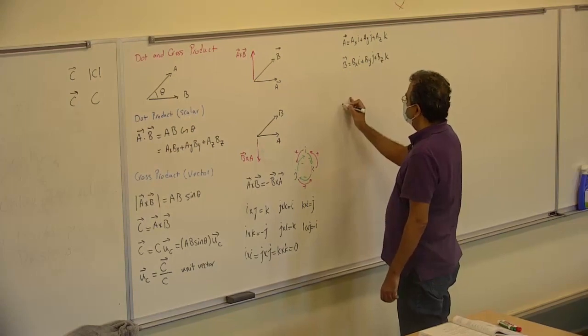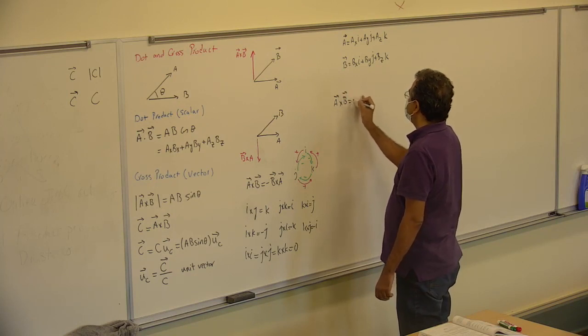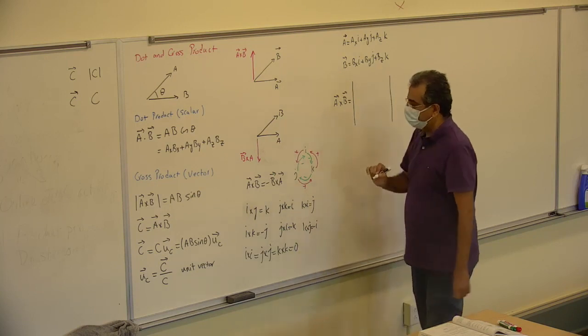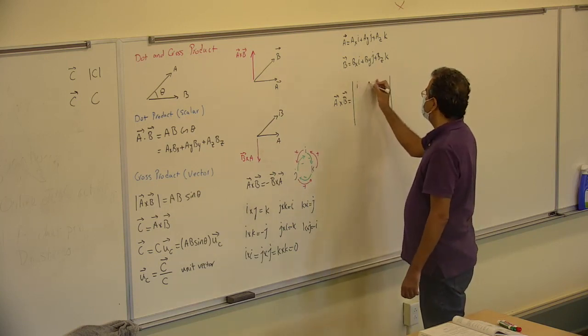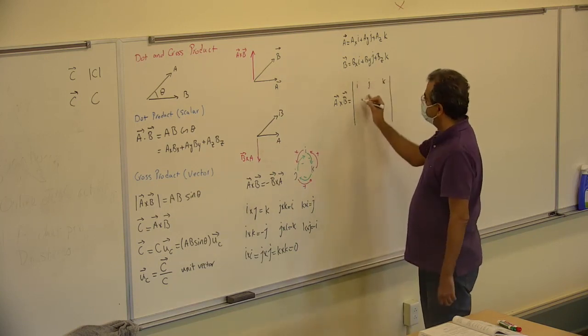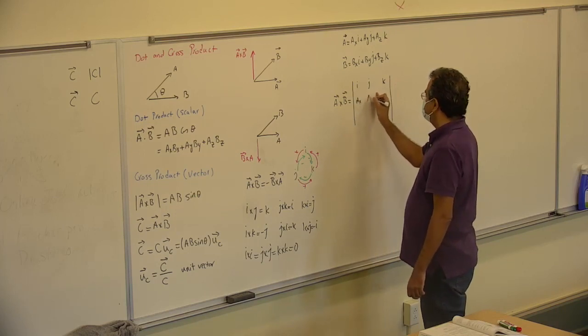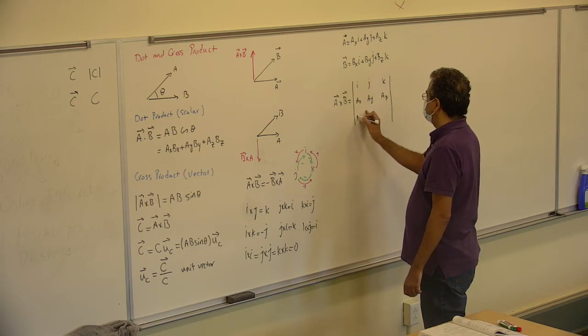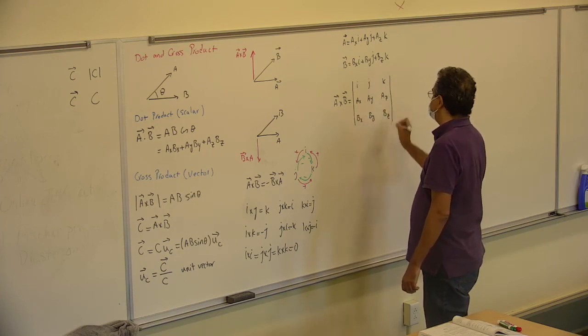Now, A cross B would be the determinant of i, j, k; AX, AY, AZ; BX, BY, BZ.